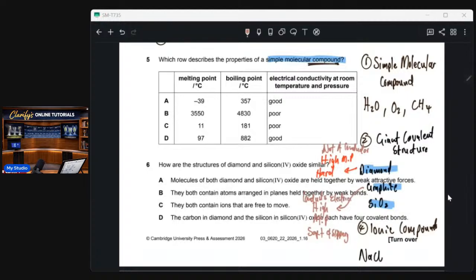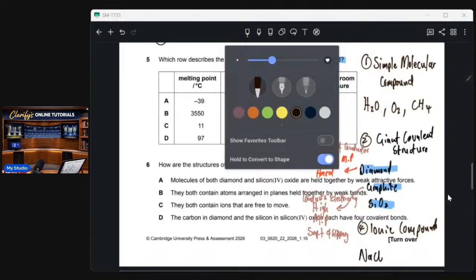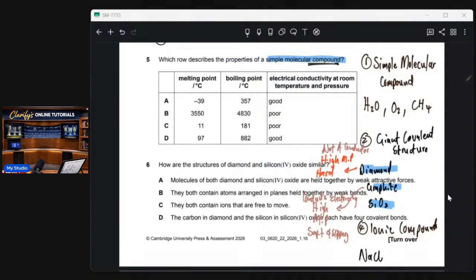Diamond can't, but graphite can. What about silicon dioxide? It can't. Not a conductor. It's like diamond. Only graphite can. But again, it is hard and it has a very high melting point.